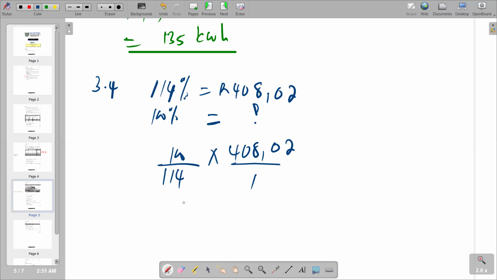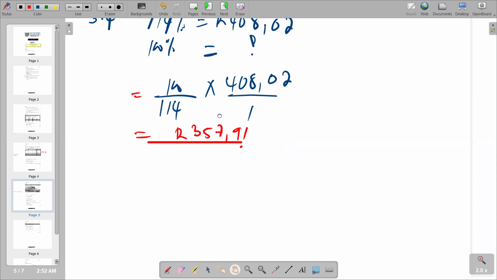So let's just try to multiply. So we are going to get our final answer as 357 rands and 91 cents, of course, to 2 decimal places. So this becomes our final answer. So this is what we have on 3.4.